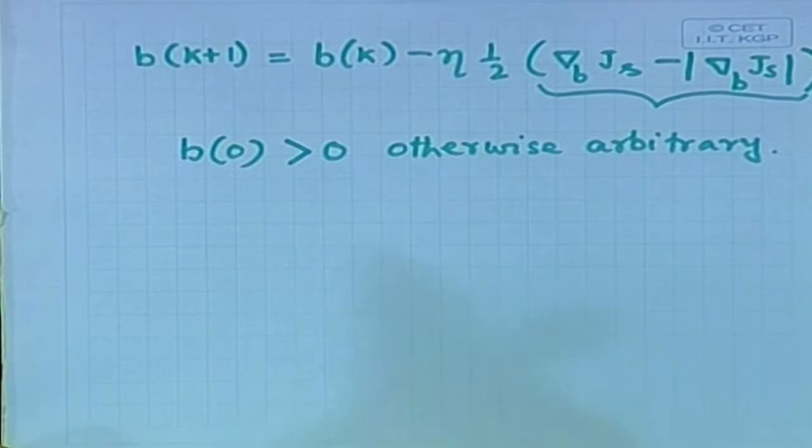Okay. So is grad of B, J_s modulus, a scalar or a vector? Is it the modulus, the magnitude of the gradient vector? It is the magnitude of every component of the gradient vector.